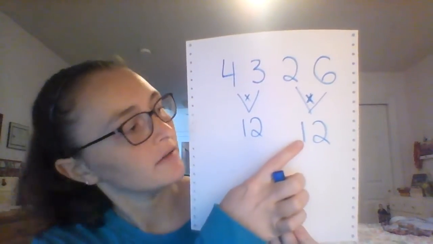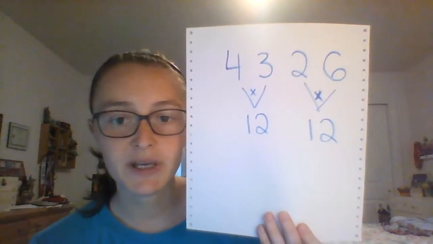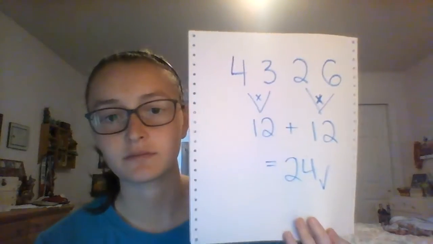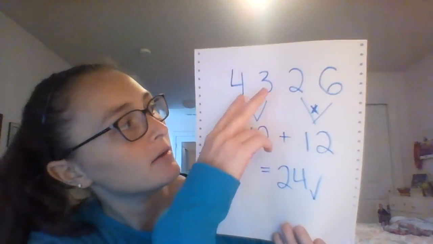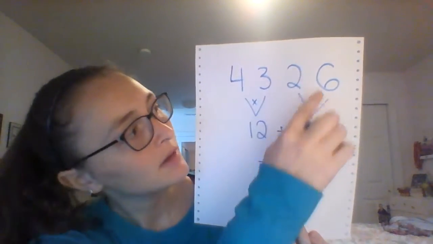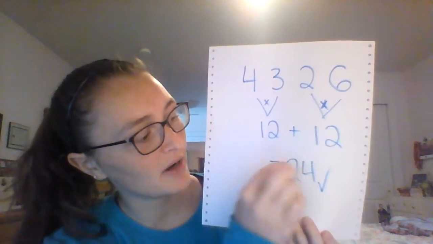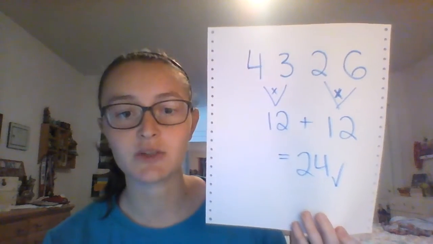And using our 12 and our other 12, we can add 12 and 12 to make 24. So again, 4 times 3 is 12, plus 2 times 6, which is 12, makes our solution 24.